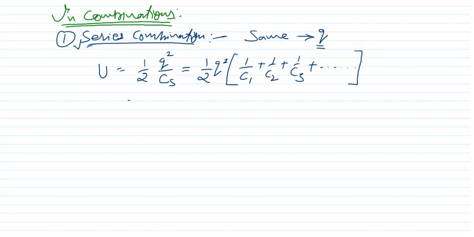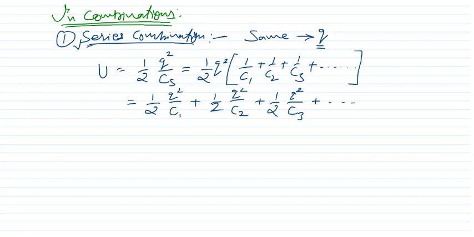So therefore if we open it, then it will become 1 by 2 Q square by C1 plus 1 by 2 Q square by C2 plus 1 by 2 Q square by C3 plus so on.